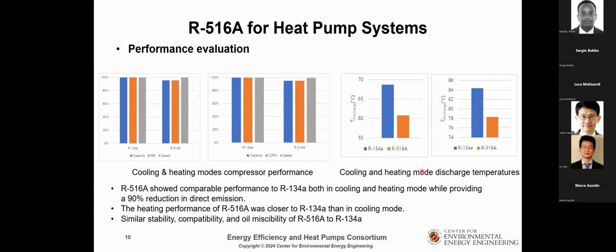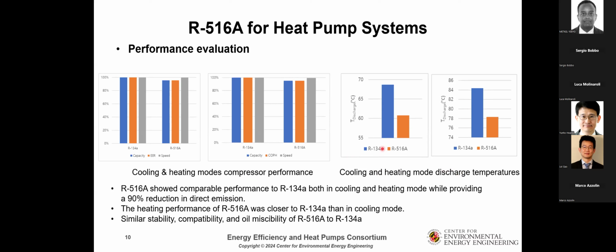And in terms of the alternative refrigerant investigation, the very low GWP refrigerant R516A has shown promising results compared with R134A in medium pressure chiller applications. In this work, R516A has been evaluated in terms of a water source heat pump.